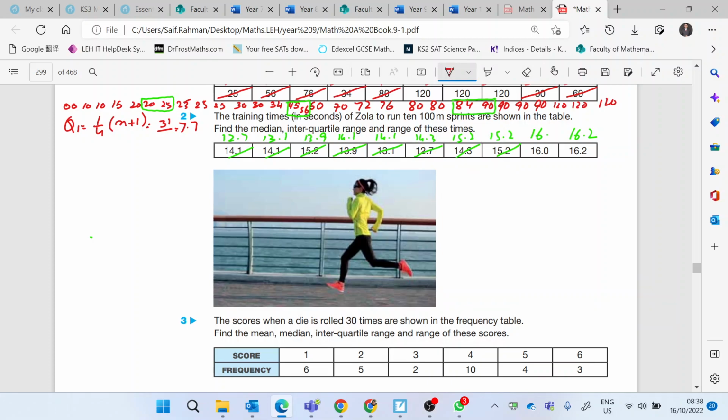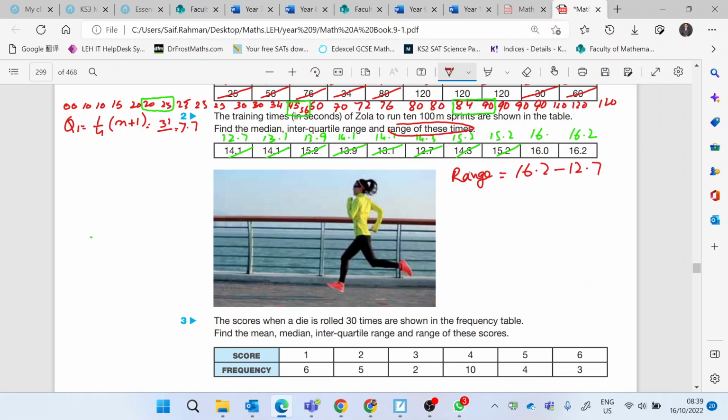Okay, so for finding the range, for simple range, it's quite obvious. We have to find the range by highest minus lowest. 16.2 minus 12.7. This should give you the answer for the range.